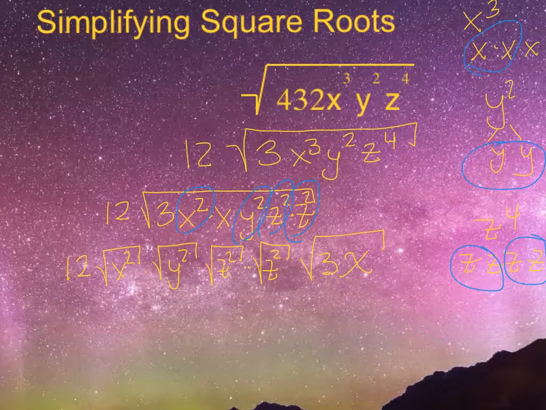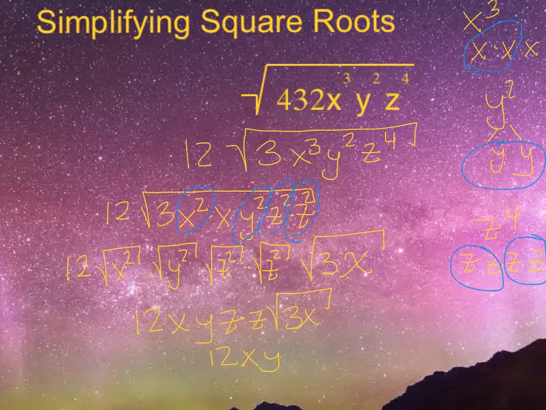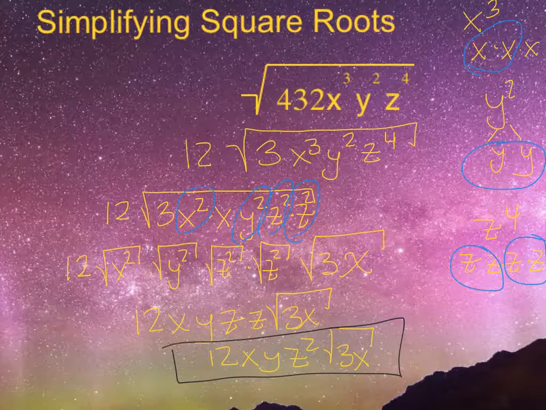So let's take these perfect squares. 12, square root of x squared is x, square root of y squared is y, square root of z squared is z, square root of z squared is z. And let's just simplify that last little step. Z times z is z squared. That's really what we should have done to begin with. Alright, and that would be the simplified expression of this crazy algebraic expression.